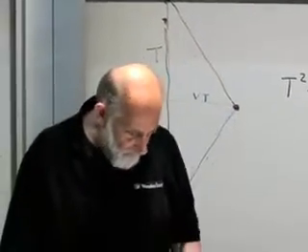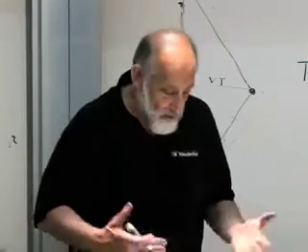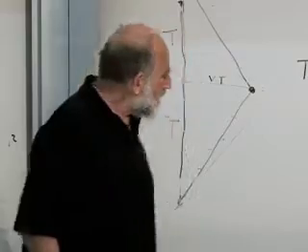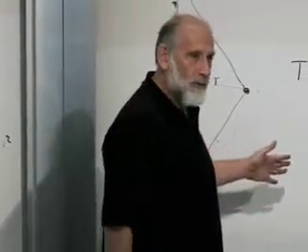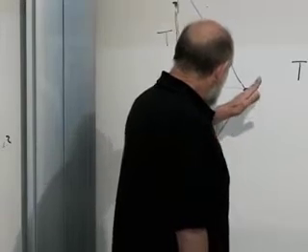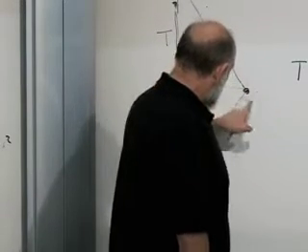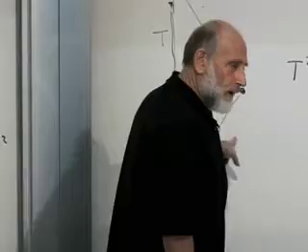Now, is this a paradox? It's not a paradox because there's nothing inconsistent about it. Sometimes people ask, how do you tell which twin moved and which twin didn't move? Well, that's not hard. This twin reversed its trajectory and accelerated at this point over here.